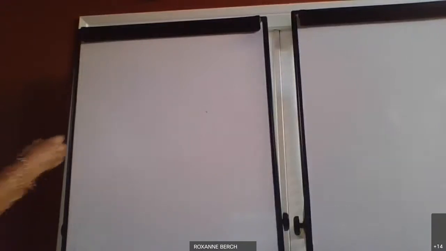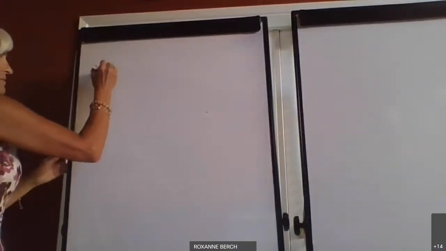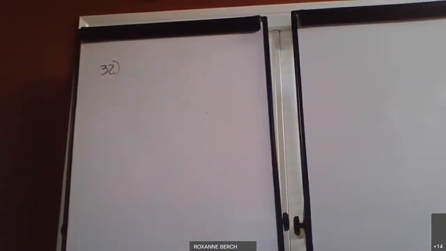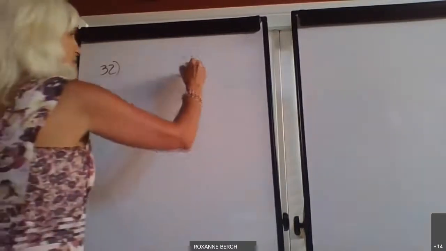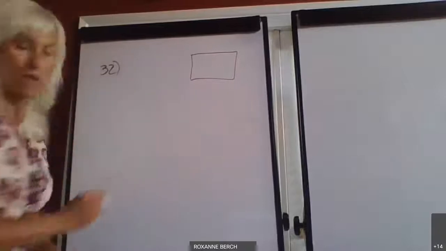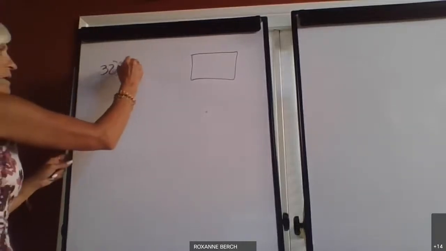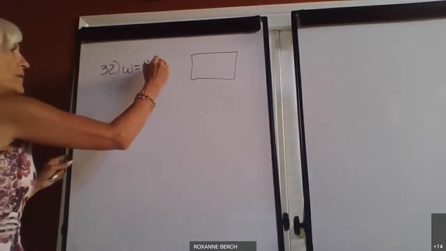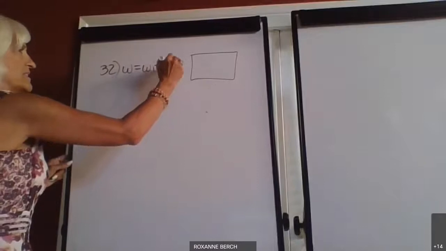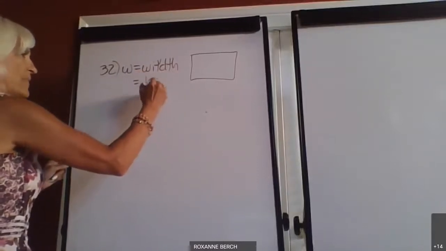Okay, let's try 32. You'll do 31. So number 32 is a rectangular parking lot. All right, here we go. A rectangular parking lot has a length that's 3 yards greater than the width. So once again, we're going to define the width because they're saying that the length is something else.